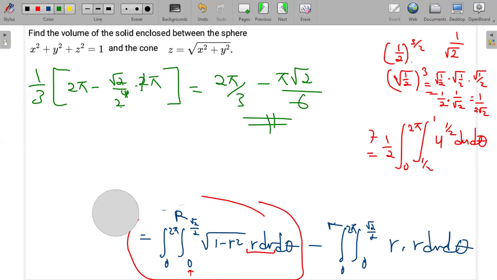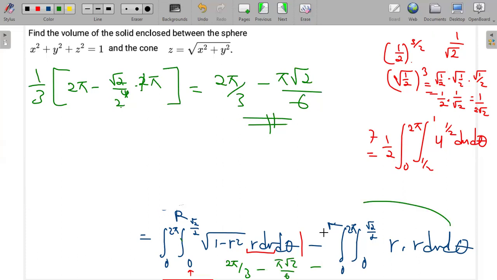Okay, so let's now find the other part of this integral. So we can write whatever we found for this part as 2 pi over 3 minus pi root 2 over 6. So minus, now we're evaluating this guy here.